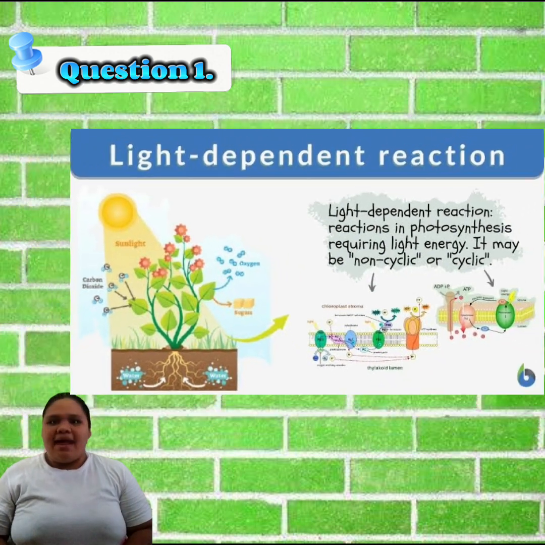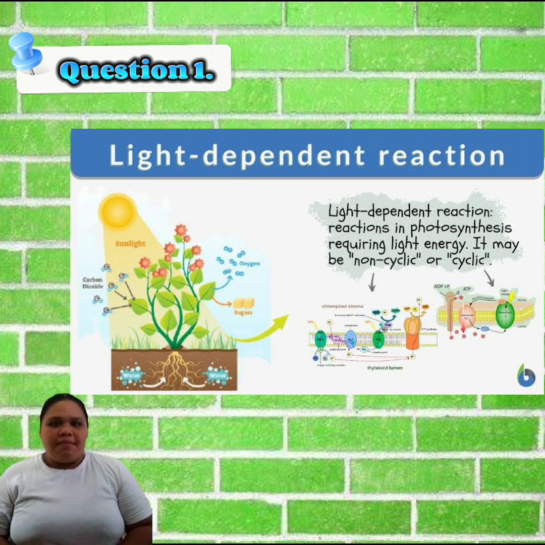In the light-dependent reactions, chlorophyll absorbs solar energy and transforms it into stored chemical energy in the form of the electron carrier molecule NADPH and the energy currency molecule ATP.